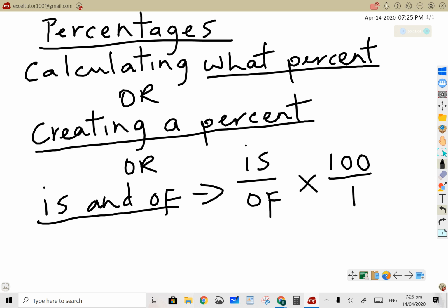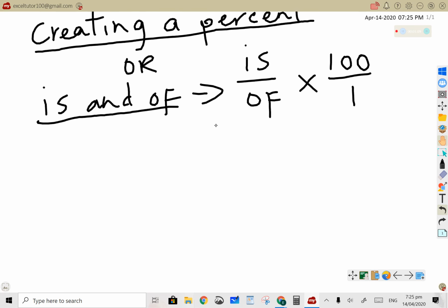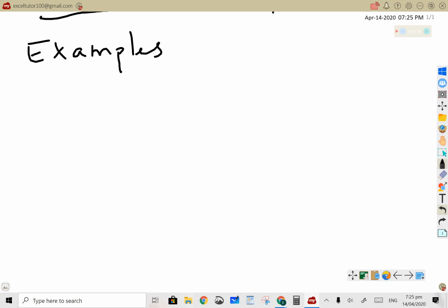Okay, so to look at the practicality of it, we need to look at examples. All right, so our first example, we are going to write down the question.